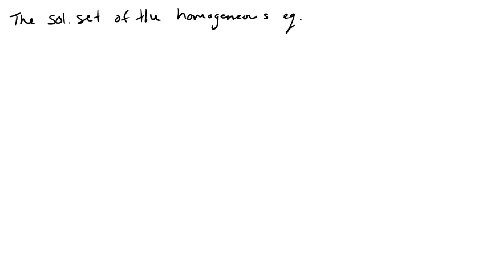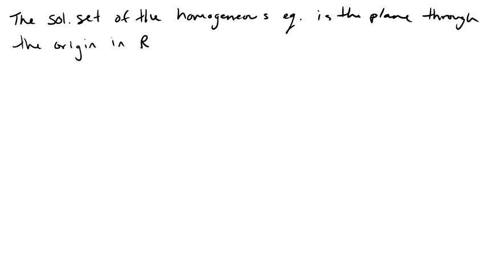So we can say the solution set of the homogeneous equation, so that's the first equation, but the work I did second, is the plane through the origin in R3, spanned by u and v.